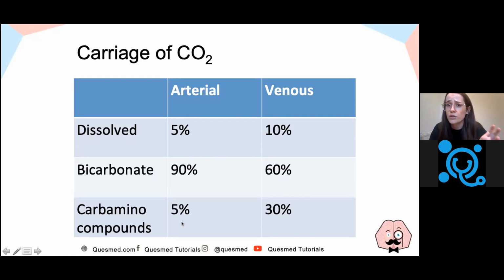A lot of this is due to the way in which hemoglobin carries carbon dioxide. Oxygenated hemoglobin doesn't buffer carbon dioxide very well, whereas deoxygenated hemoglobin has a much higher affinity for carbon dioxide. And this is where you get this drastic difference between the two, because your deoxygenated hemoglobin is a much better carrier of carbon dioxide.